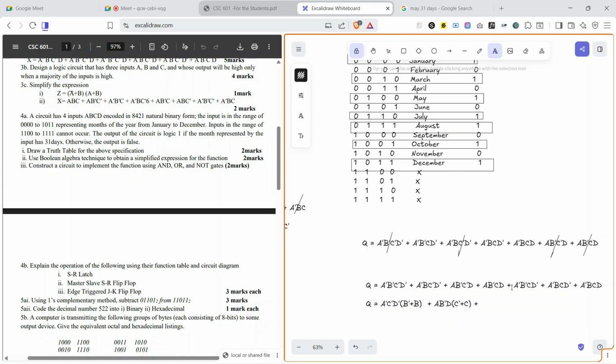Then for this one, we can move A bar C D bar. First one, second one, yeah. Okay.